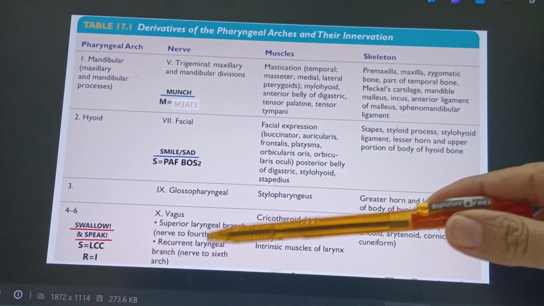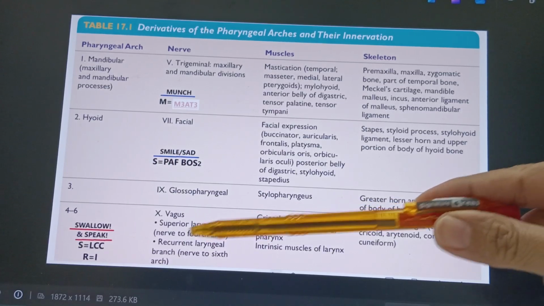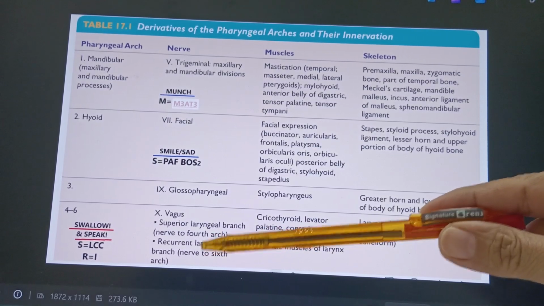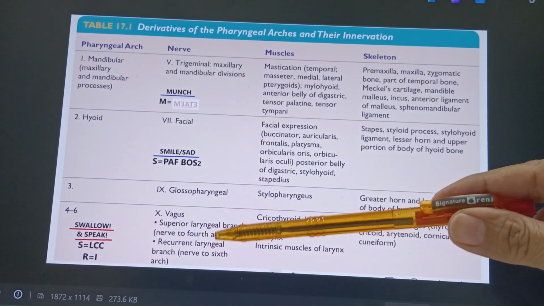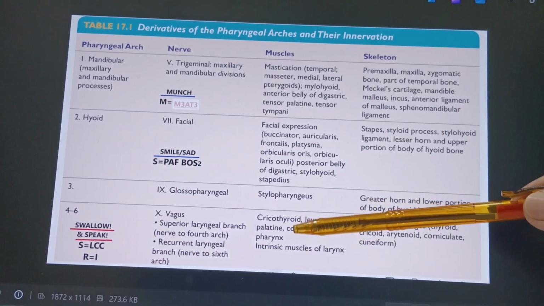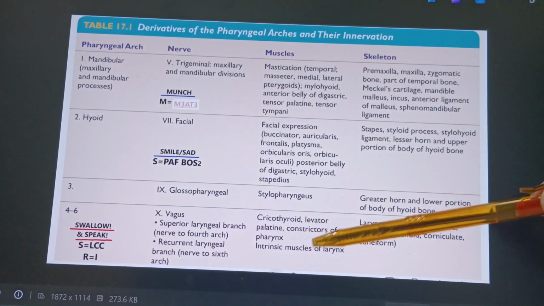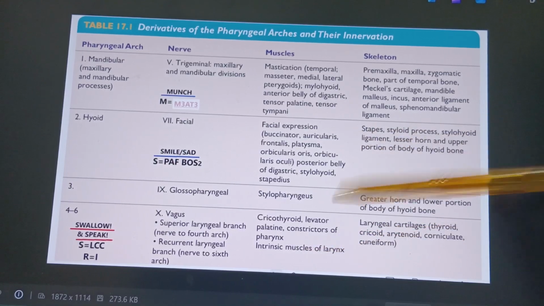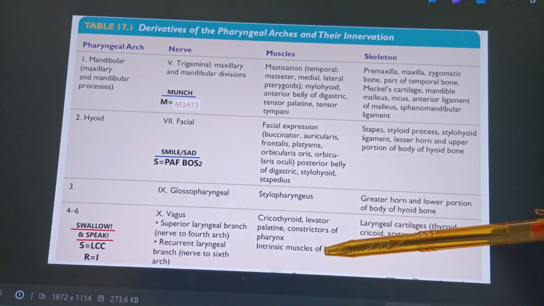Now concentrate on the fourth and sixth arch for swallowing and the process of speech. So what we see here are the derivatives in the musculature: the cricothyroid, the levator palatini, the constrictors of the pharynx, and for speech, the intrinsic muscles of the larynx.